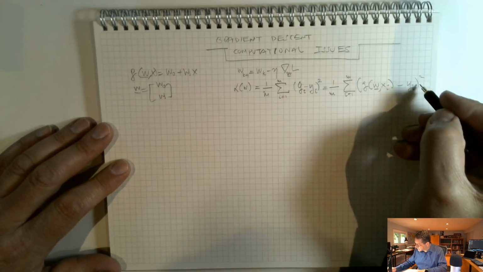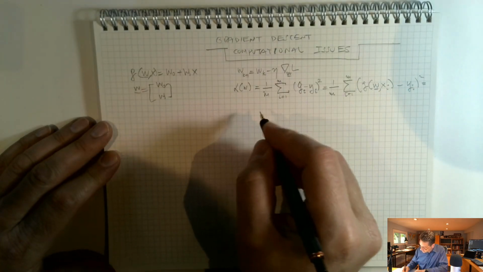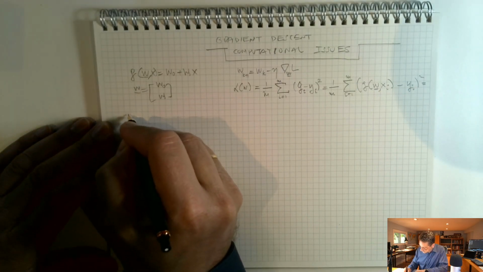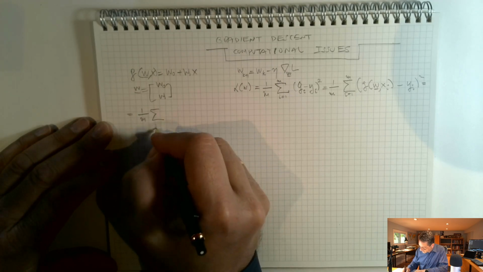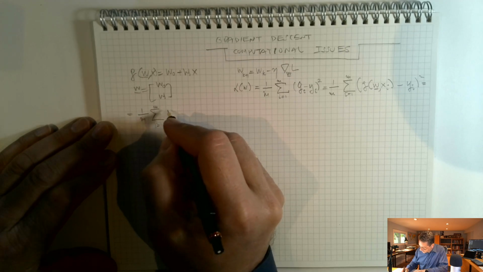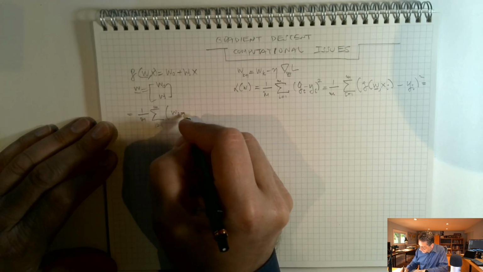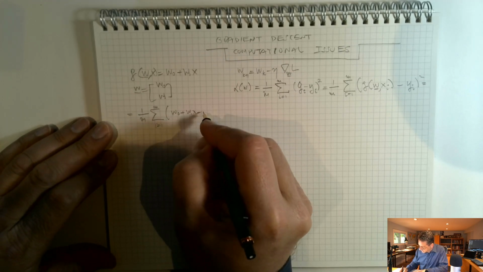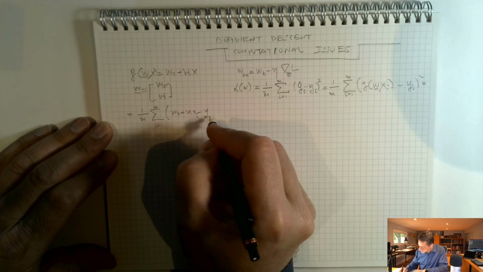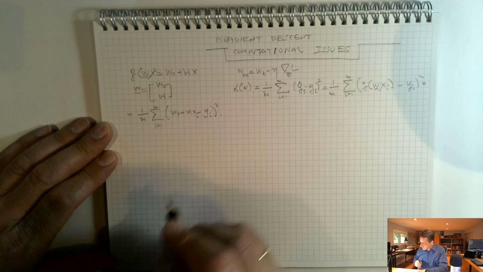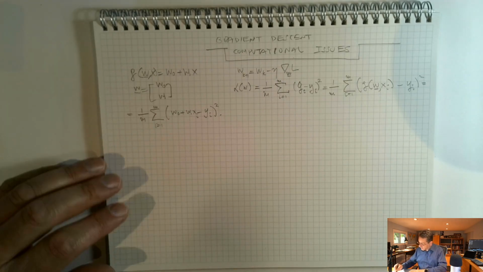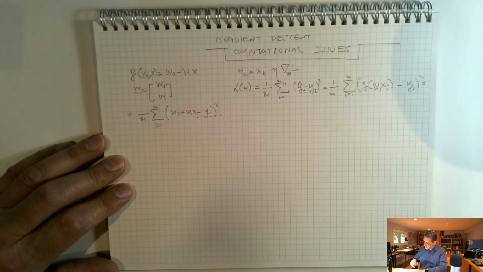And this one is definitely equal to 1 over m, the summation from i equal to 1 to m of w0 plus w1 x i minus y i, the whole thing squared.